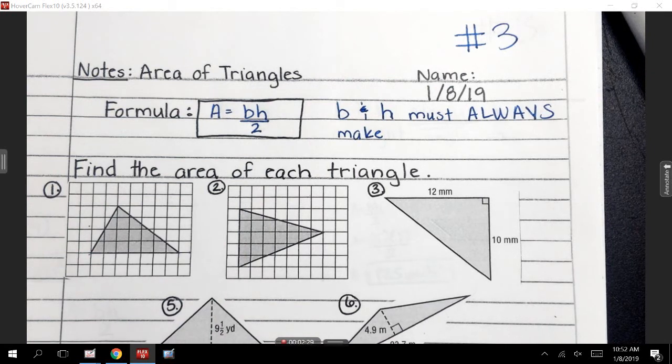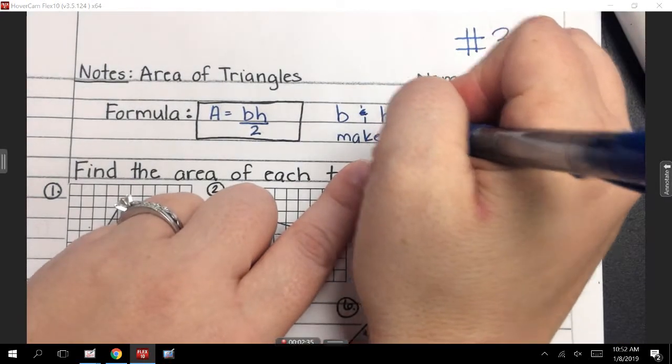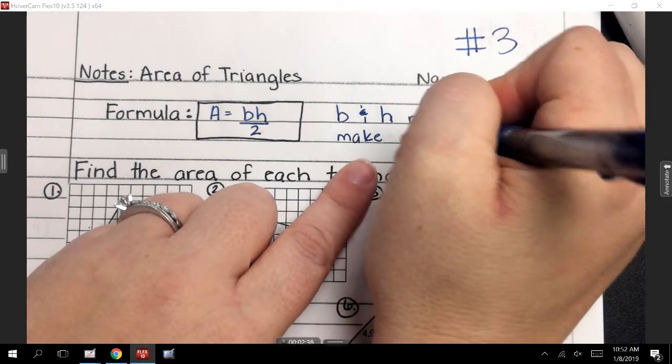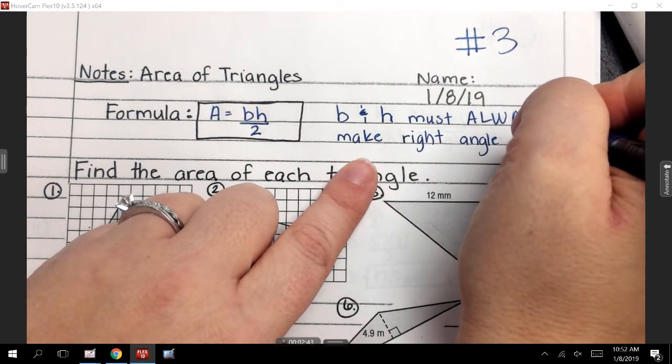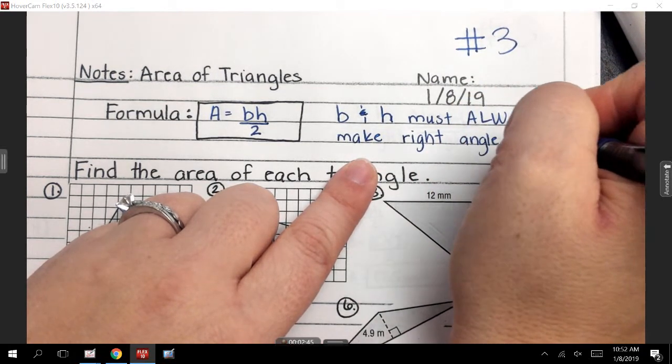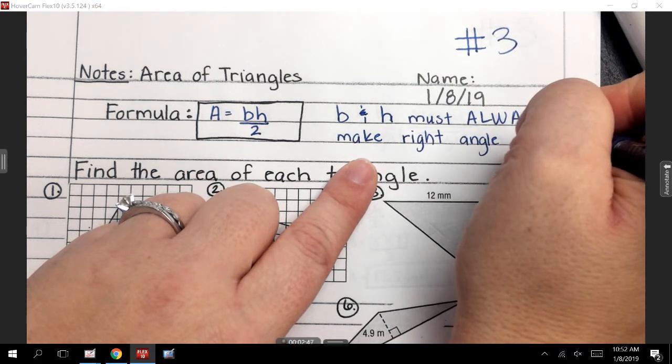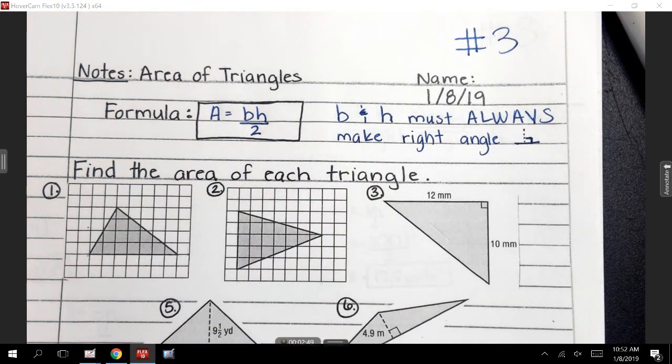Hunter? A right angle. Awesome job. A right angle. And just a reminder, I'm going to put over here that a right angle, remember, is when they meet at that perfect 90 degrees. They make a T together. Might be a sideways T or an upside down T, but as long as they make a T. Right?